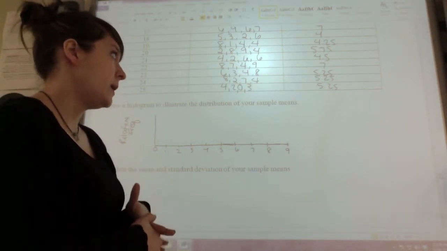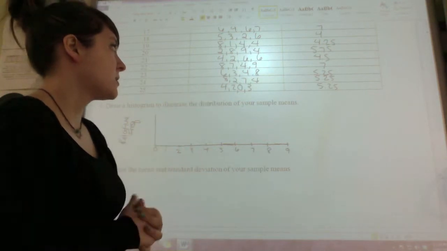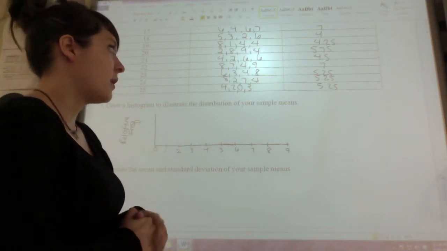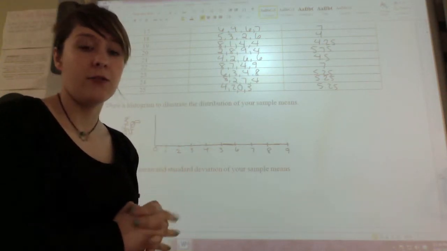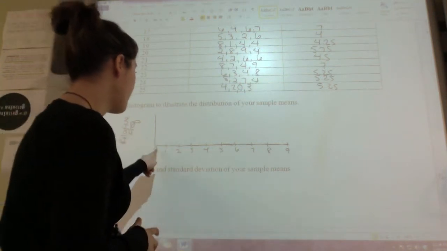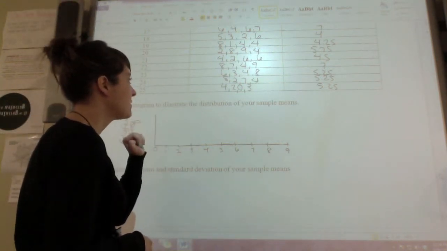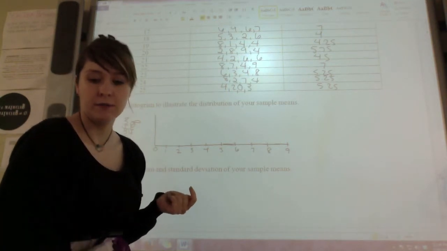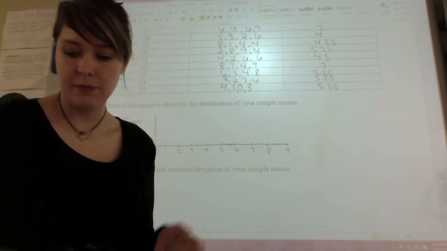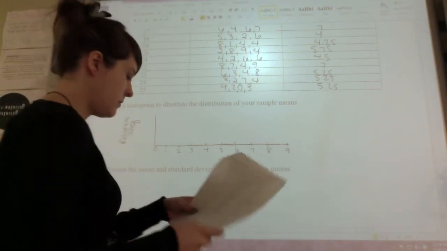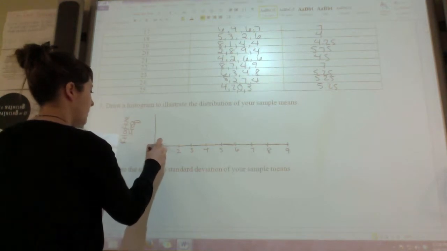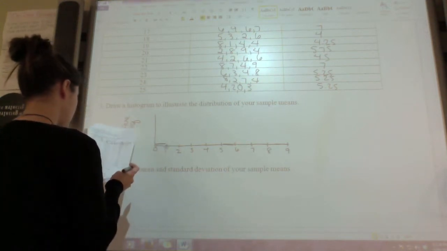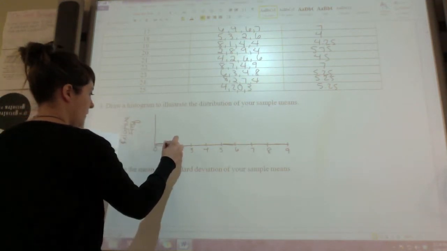So really, I had 4 numbers for each of the trials, therefore this is going to be out of 100. So for my zeros, I'm going to count up how many zeros I had, put them out of 100, and that's going to be my relative frequency. Okay, so when I do my relative frequency chart, it's going to turn out to look something like this.